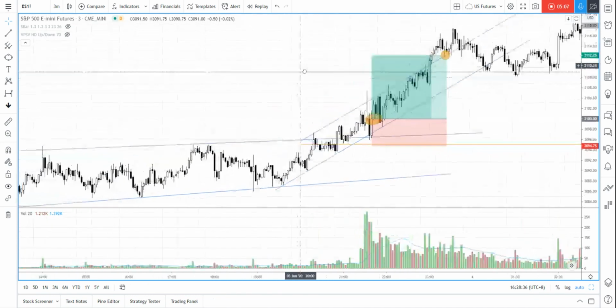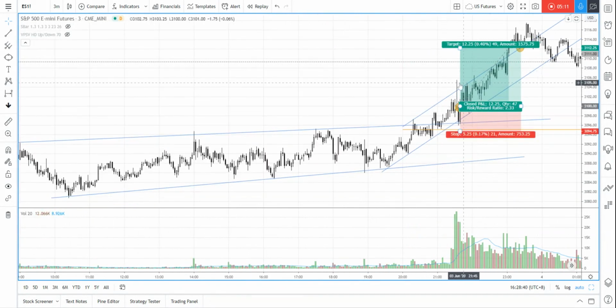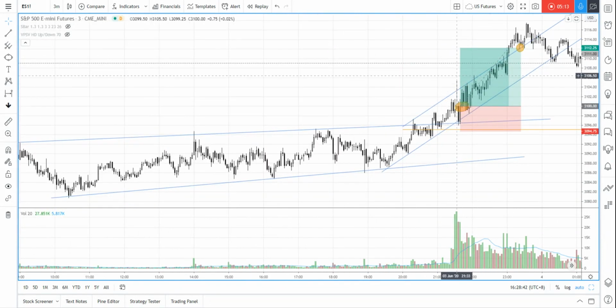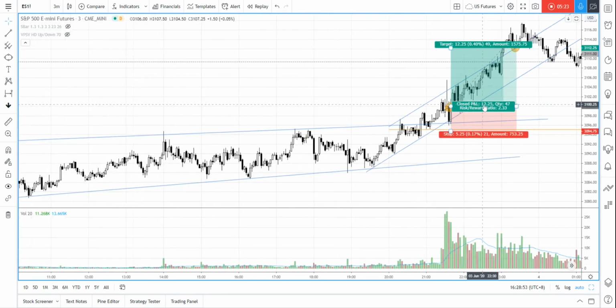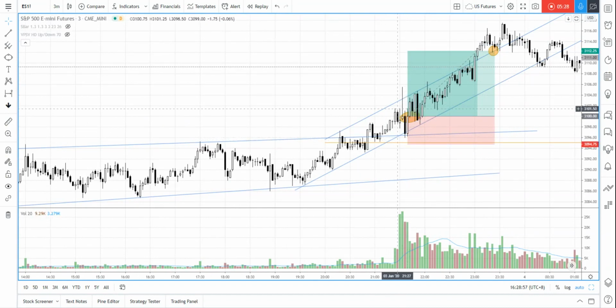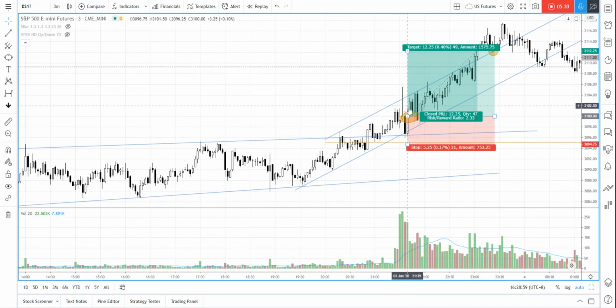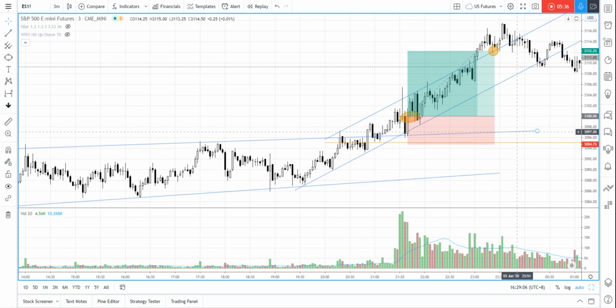If we look at the bigger picture, you can see that this reaction from the rejection tail here is merely a test of this upsloping trading range. So we have a range, breakout, retest. This is quite a nice and simple way to trade a breakout: I wait for a pullback to test the resistance-turned-support level, the horizontal level.